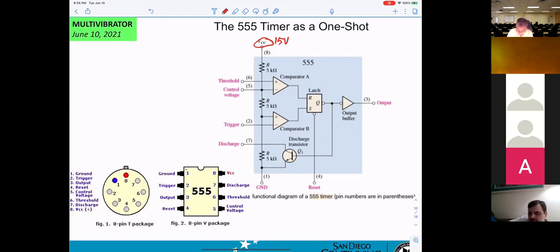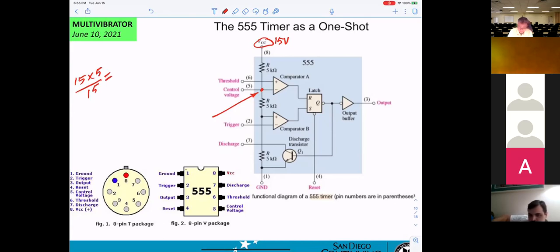So what voltage is here? It's a voltage divider. 15 times 5 plus 5 is 10, divided by 50.